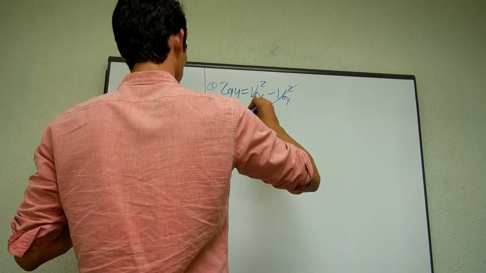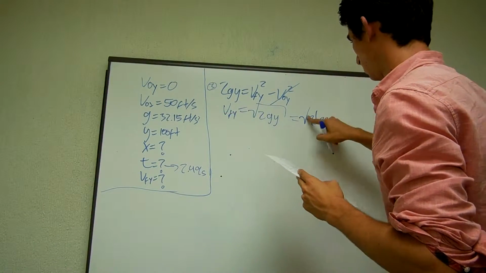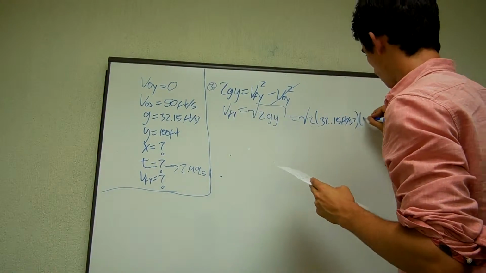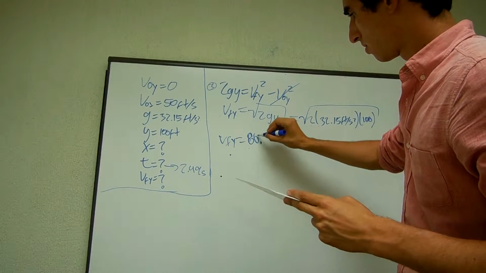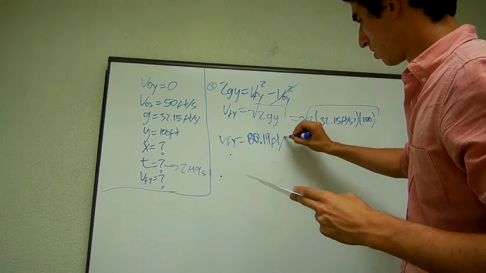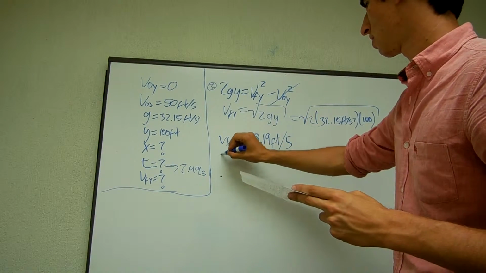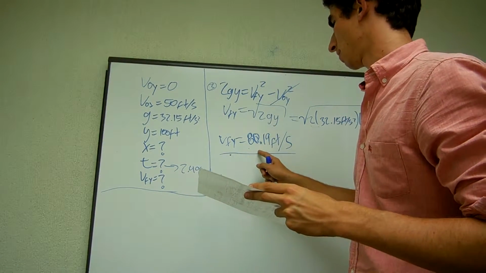So the final y velocity is equal to the square root of 2 times 32.15 times 100, and this is equal to 80.19 feet per second. So now we've got the third thing we're asked for, the final velocity.